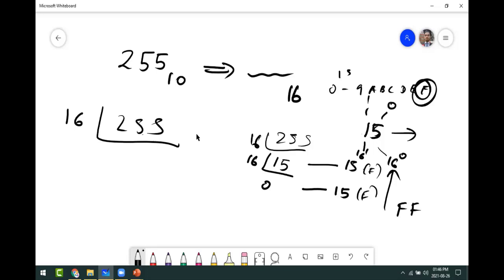It means it's converted to hexadecimal, we'll get FF16.